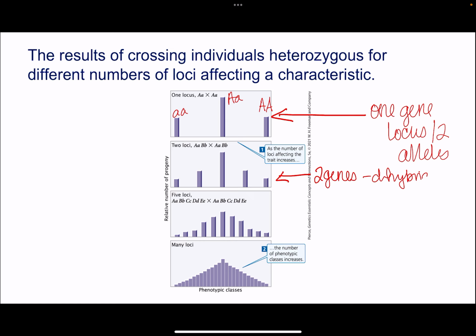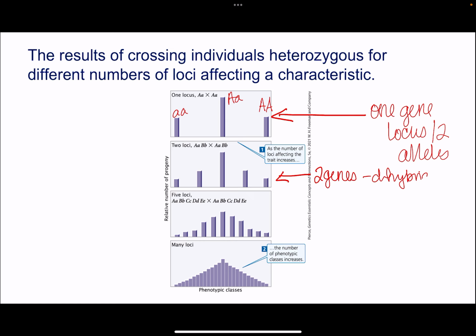So as we're looking at these quantitative characteristics, we're always going to be looking at the distribution. That distribution is going to show you the number of different phenotypes. So on the bottom here, we've got our phenotype categories, and on the side, we've got our number of individuals. So this is going to tell you the relative proportions for each phenotype.